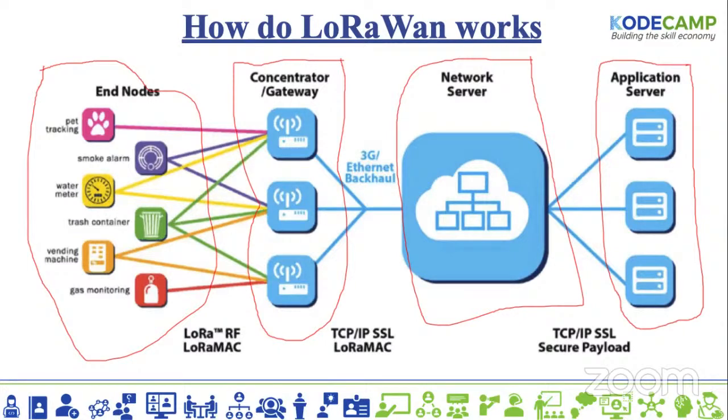So now let's talk about the node devices, like the end node. These end nodes are basically sensors or actuators at the edge of the network.